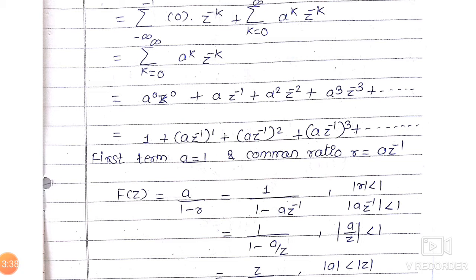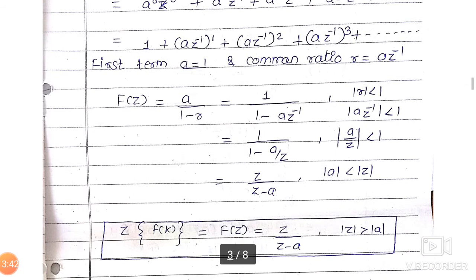Z inverse can be written as 1 upon z. So if we simplify, you will get this term as z upon z minus a, and mod z greater than mod a. So this is the value of f of z. So z transform of above sequence is nothing but z upon z minus a for mod z greater than a.